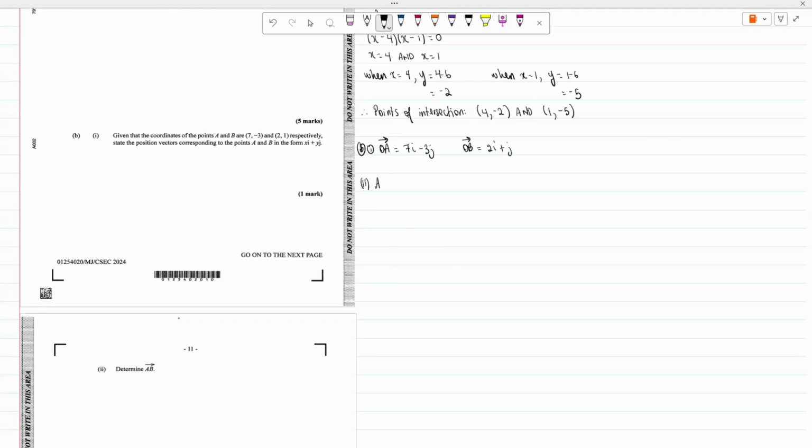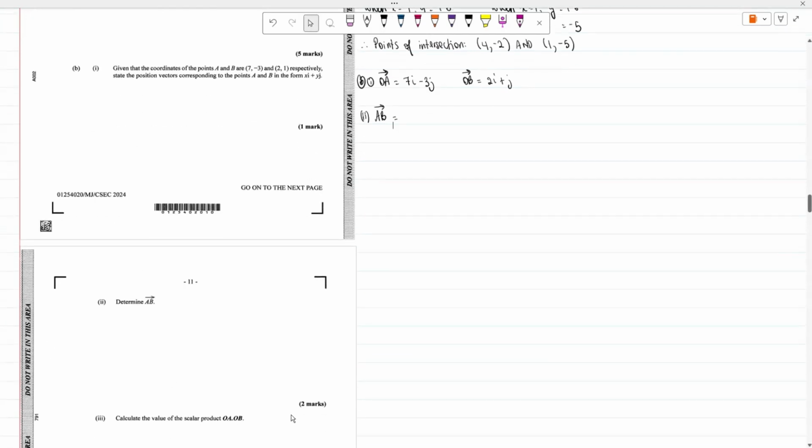Determine AB. Now, two things we could do. We could draw it and count, or we could calculate it. AB is equal to AO plus OB, which is equal to minus OA plus OB, which is equal to minus 7i minus 3j plus OB, 2i plus j.